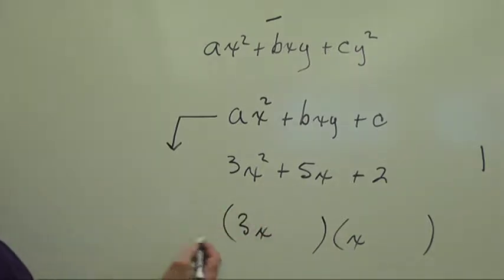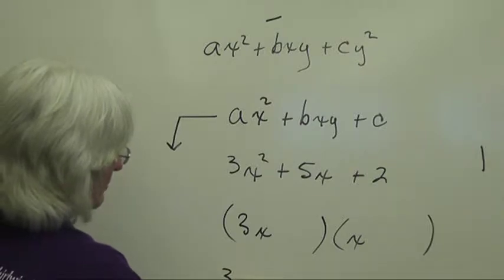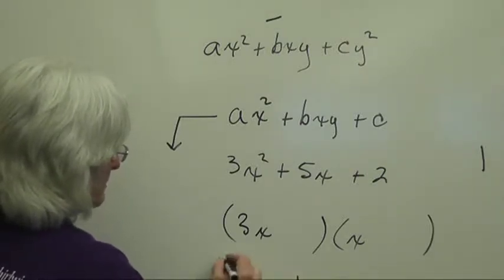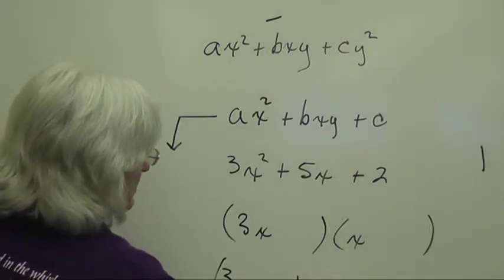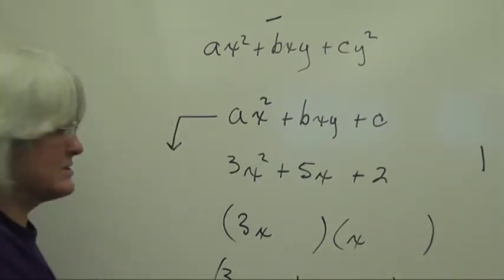So we saw that we had a couple of different choices that we could use. We could put this in the form 3x plus 2 times x plus 1.